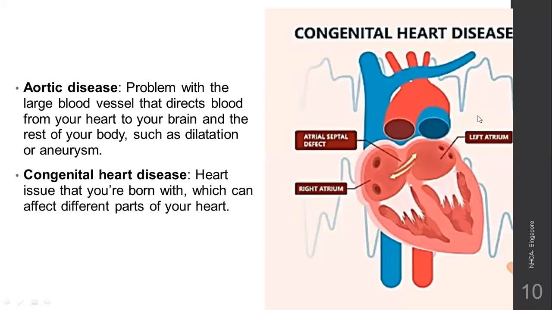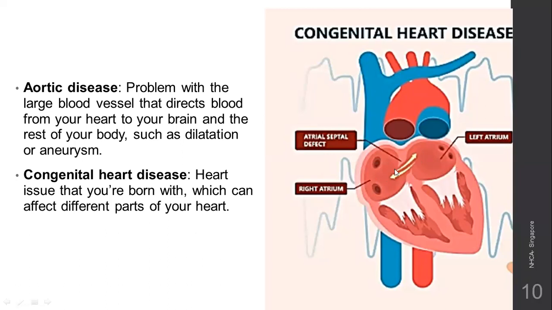Then we have congenital heart disease. So here you can see, there should be no abnormal pathway in the septum. This is a septal disease, atrial septal defect. Can you see my arrow moving? There should not be any communication between the right atrium and the left atrium.